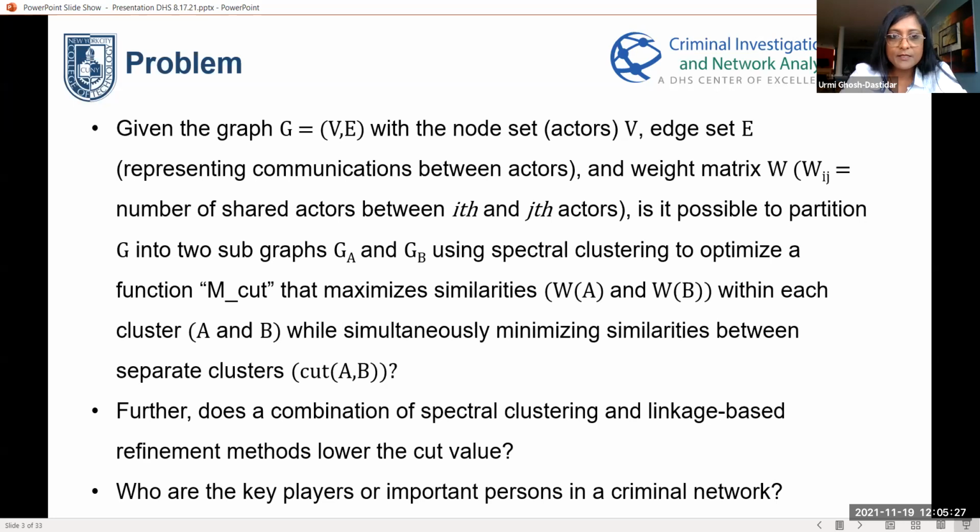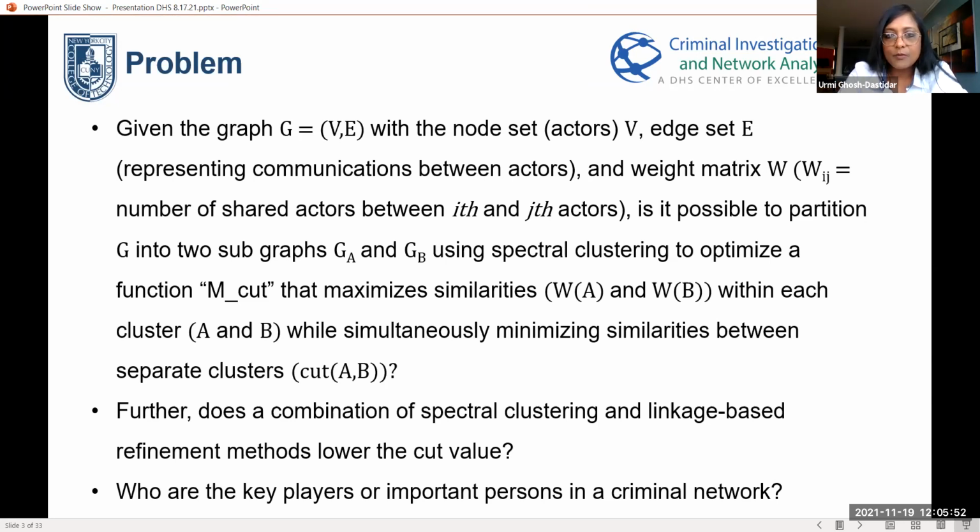So the problem is that given a graph with a set of nodes V and a set of edges E, when we talk about the drug trafficking network, V represents the players of the network, and the edge set E represents the communications between the players or actors.